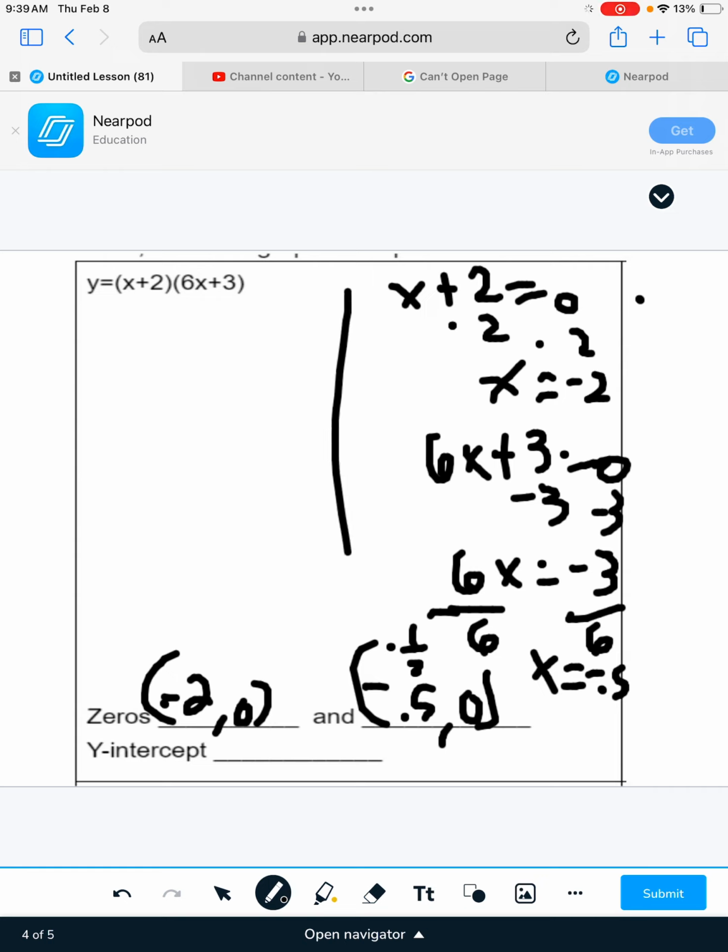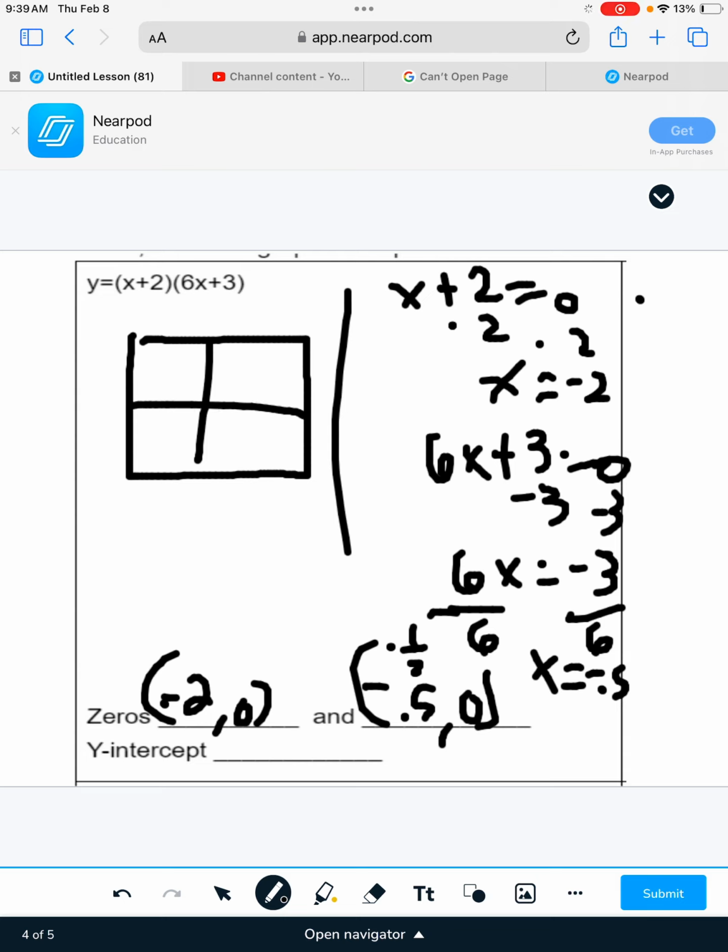To find the y-intercept, I do actually have to box these and be able to get the entire thing multiplied together. So I got x plus 2 and 6x plus 3. That is 6x squared. That is plus 2, not 12. 6 times 2 is 12, so that is going to be 12x.